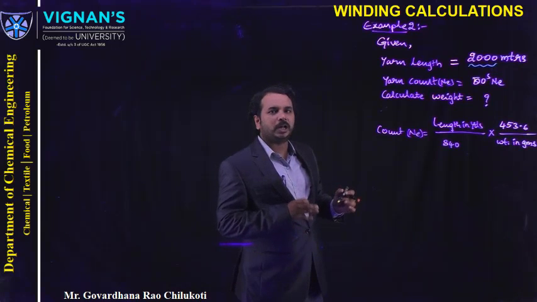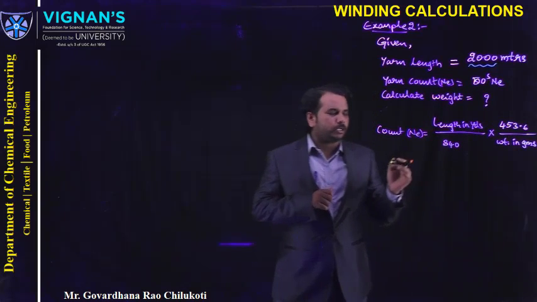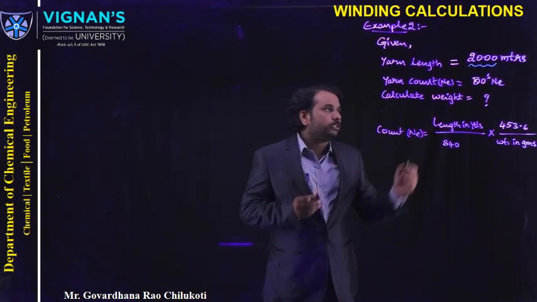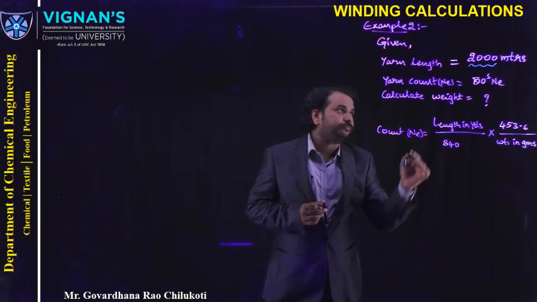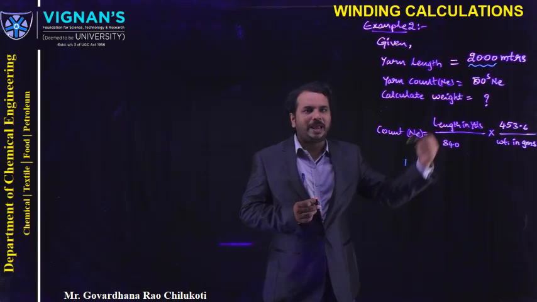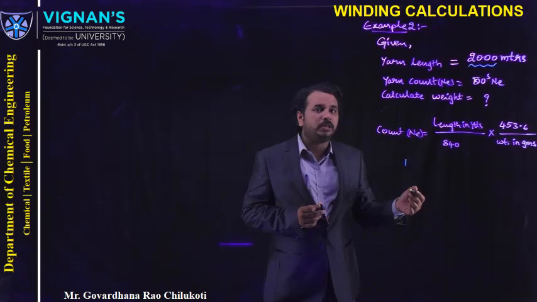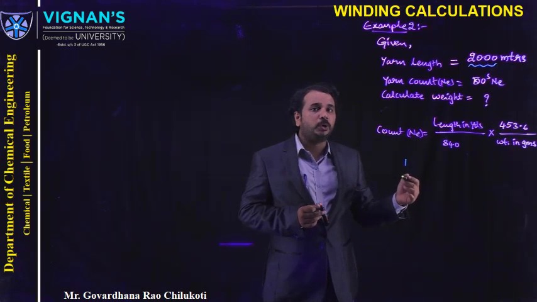Now we need to convert these meters into yards. We can convert meters to yards by multiplying with 1.0936.